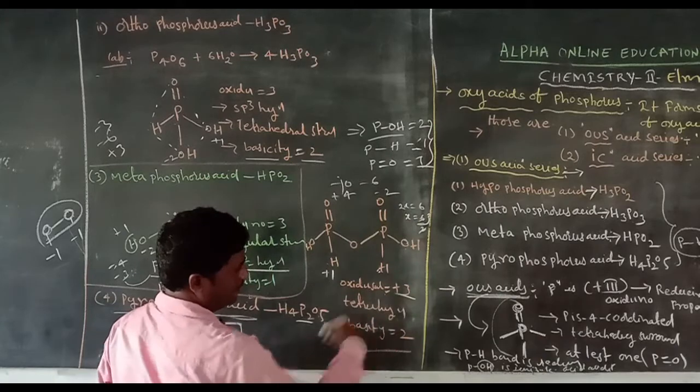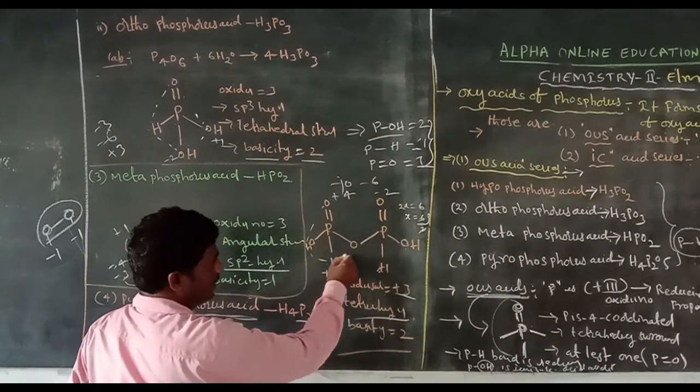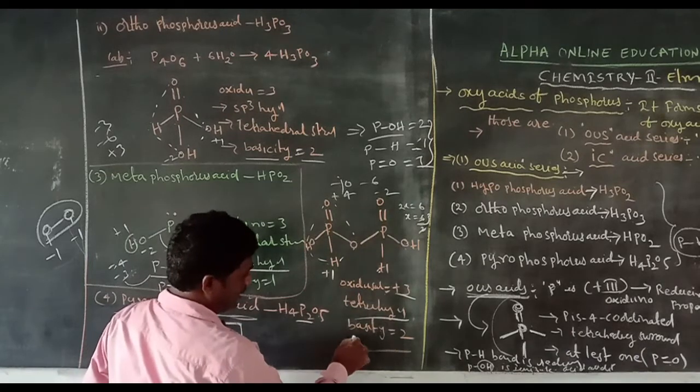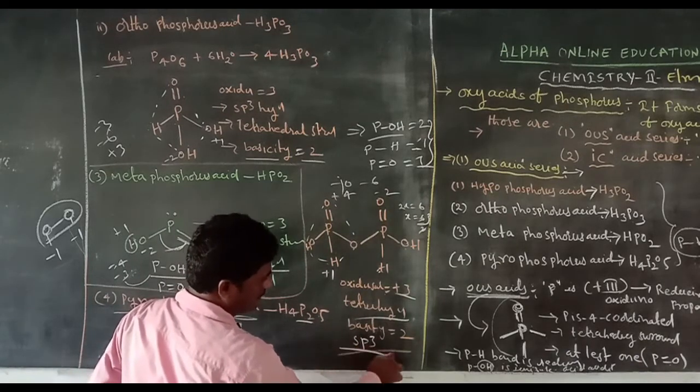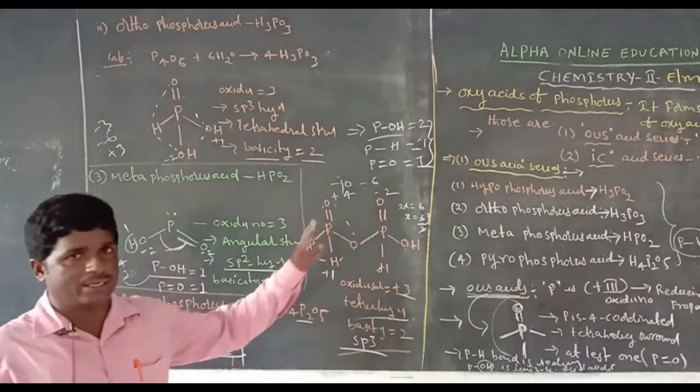The oxidation number is +3. It has tetrahedral nature, one tetrahedral structure around each phosphorus. The central metal undergoes sp3 hybridization to form 4 sp3 hybrid orbitals in pyrophosphorus acid.